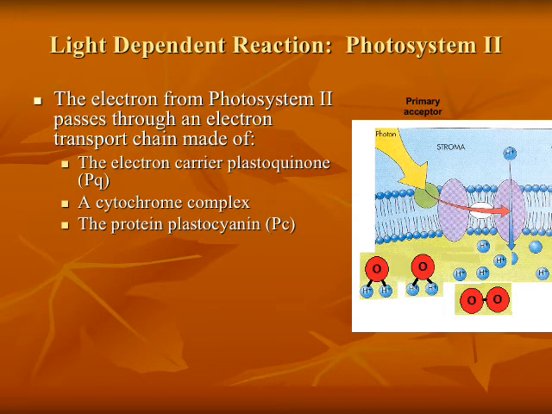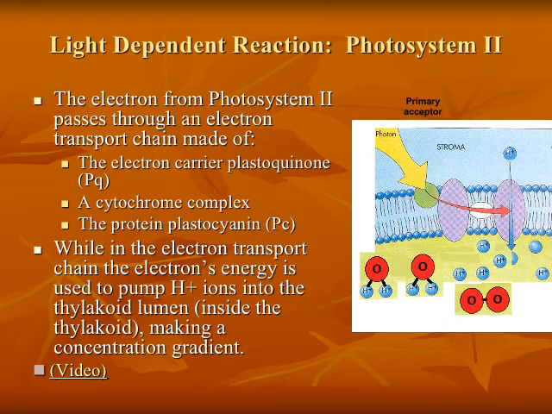So now that electron from photosystem 2 passes through an electron transport chain, which is made of a molecule called plastoquinone, PQ for short, and it is just an electron carrier. It also involves a protein called plastocyanin.